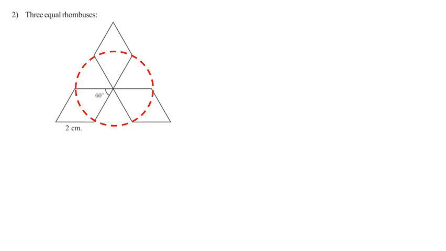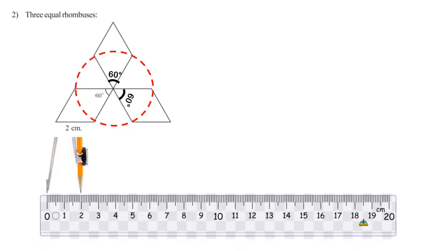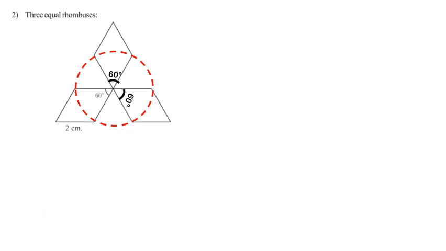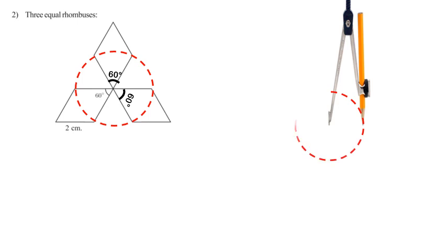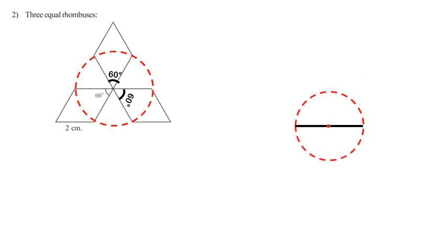And we know these three rhombuses are equal. So the small angle of each rhombus is 60 degrees. Then let's start drawing. First take 2 centimeters in our compass and draw one circle. Then draw its horizontal diameter and mark its center.